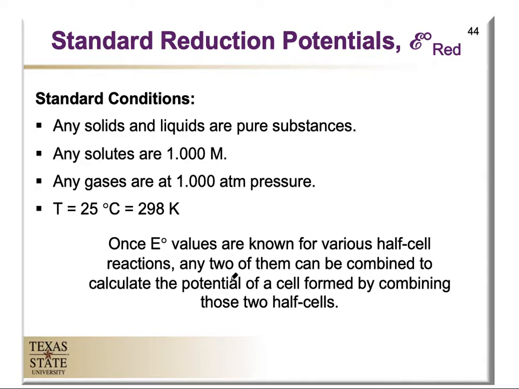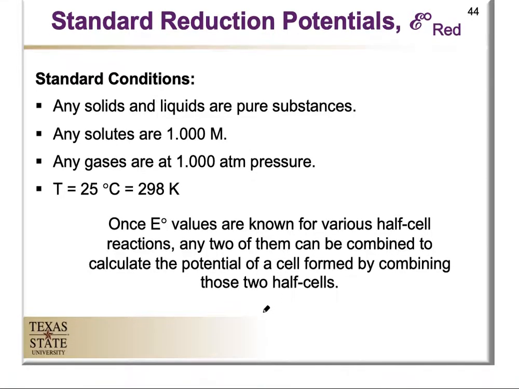Now, what it says here is that we're going to have tables that have the values of the cell potentials for specific chemical reactions. If we pair 2 of them together, we can actually calculate the cell potential by utilizing an equation between those 2. And I'll show you the equation in just a little bit.